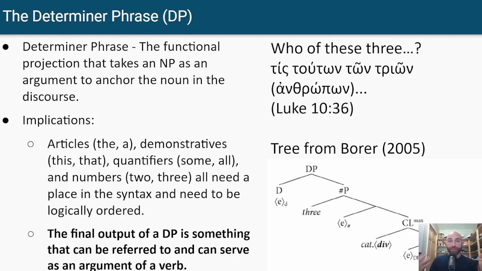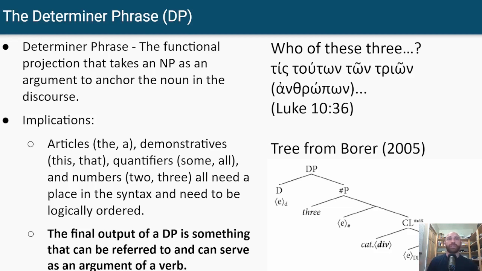And determiner phrases, by their nature, they pick out things in the world, right? If I just said the word cat, for example, I don't know how many. I'm not sure. If I said cat walks, that in English doesn't work, because the bare word cat, the bare singular in English, doesn't refer in that way.